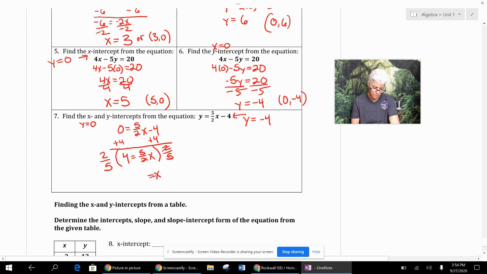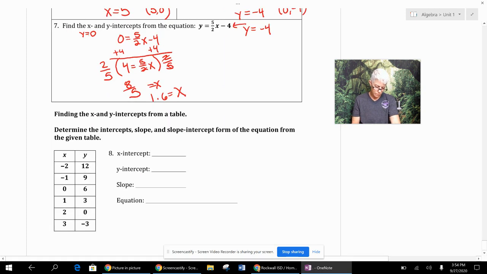I'm left with x. 2 times 4 is 8. 8 over 5 is my x. And if I simplify that, I get 1.6 equals x. Okay, for my x, I can have a decimal for that point. So y is negative 4, x is 1.6. All right, let's look at the next one.